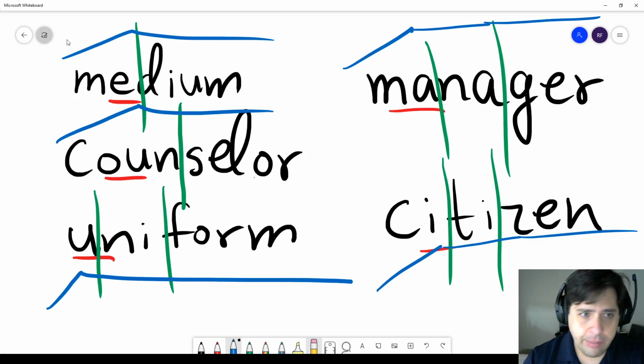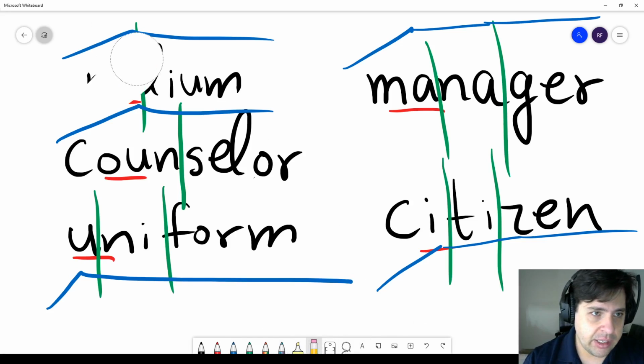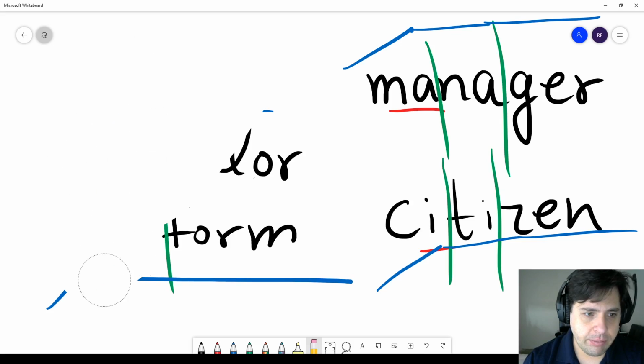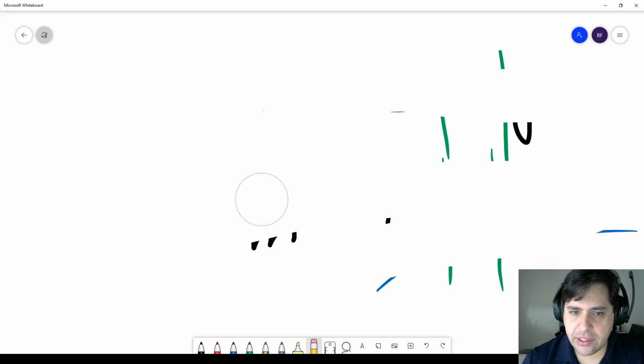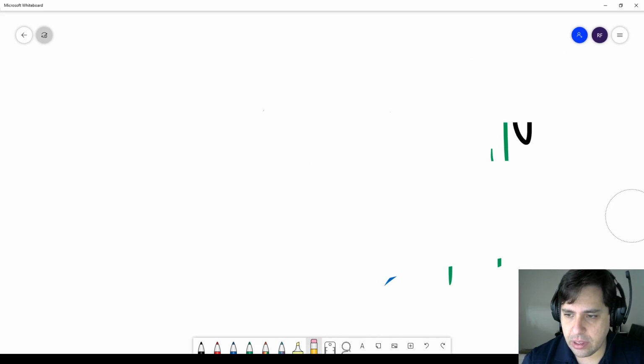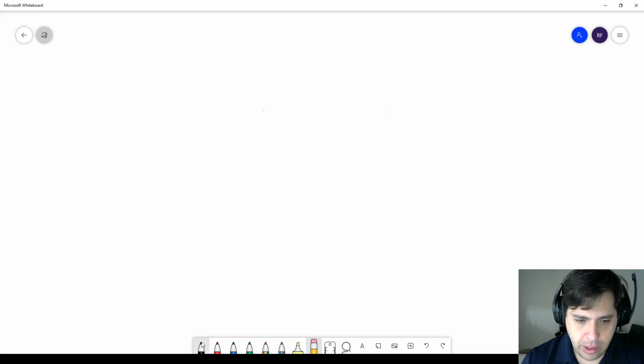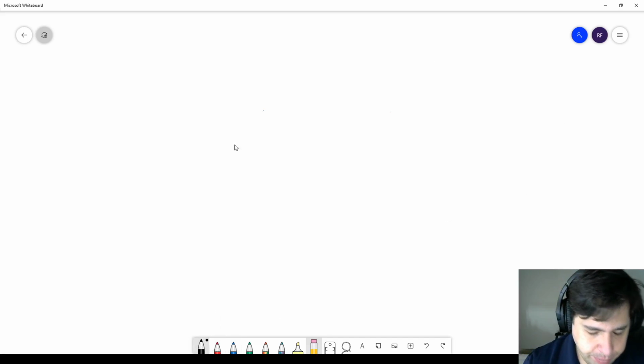We can go on. So what if our emphasis is on the second syllable? If our emphasis is on the second syllable, well, this is what we're going to do. Suppose we have this word here.